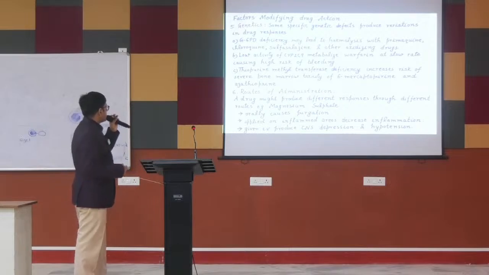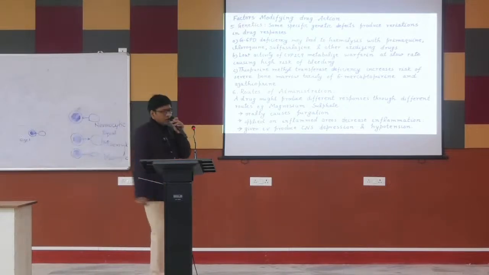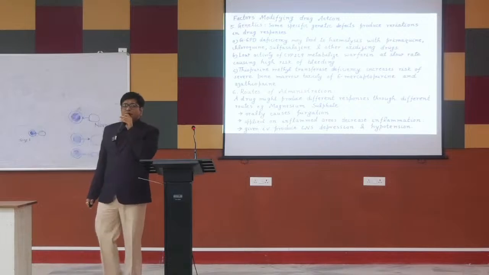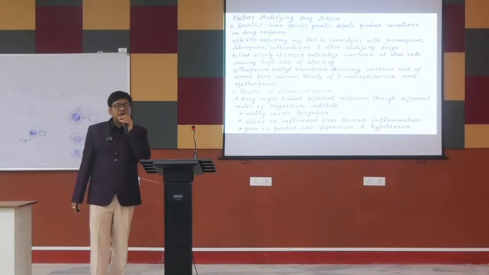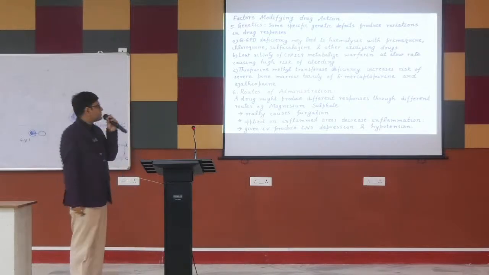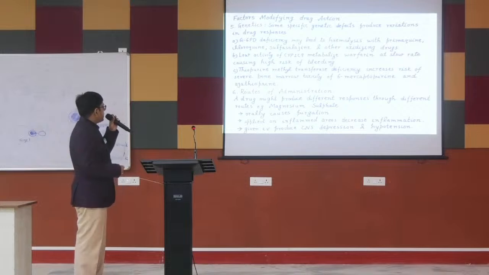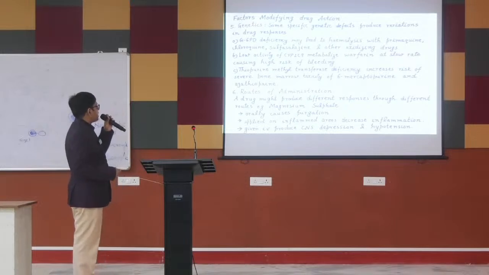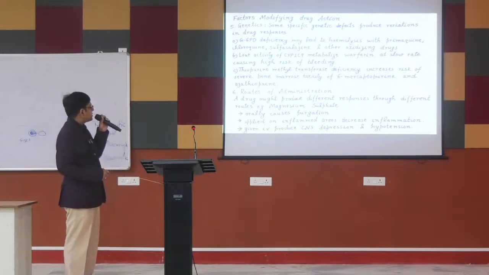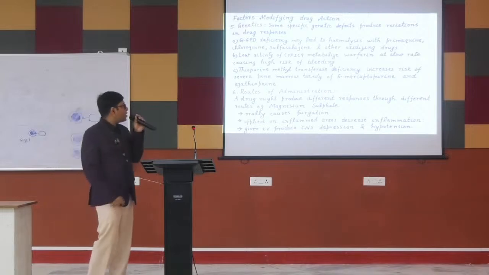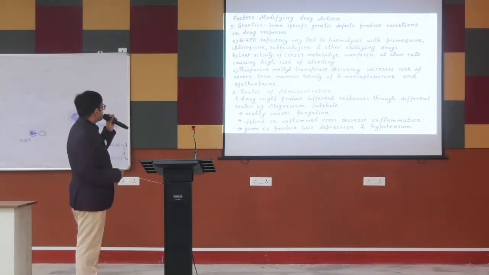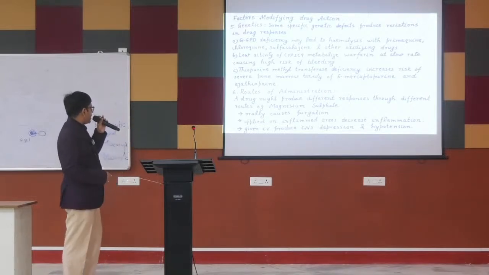Very important, some populations have an enzyme deficiency called G6PD deficiency, glucose 6-phosphate dehydrogenase deficiency. If there is this G6PD deficiency, some drugs cannot be given to these patients, because when these drugs are given, there are side effects like hemolysis, and that hemolysis may lead to multi-organ failure. Okay, so genetics also modifies drug action.